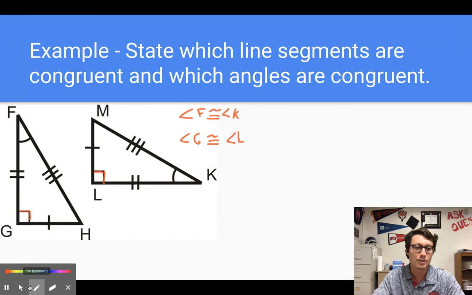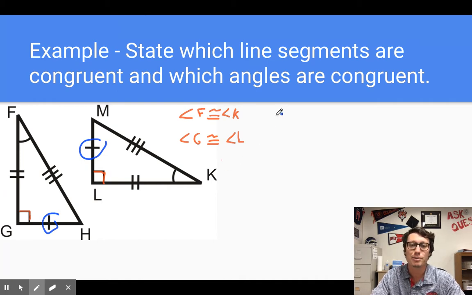Okay, now let's take the line segments. We see one tick mark, one tick mark. We know that those side lengths are congruent to each other, but we have to make sure we write them in the correct order. So I'm just going to choose any order I want for this one. Line segment ML is congruent to, notice, now I have GH, but they have to be the same.